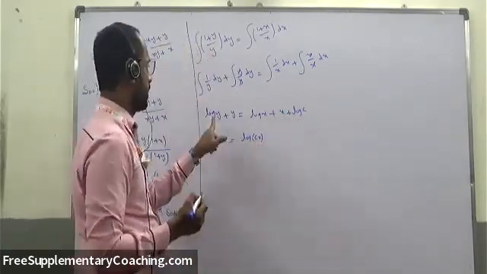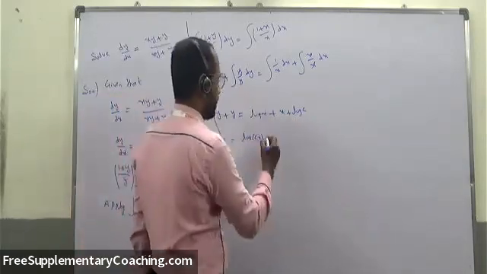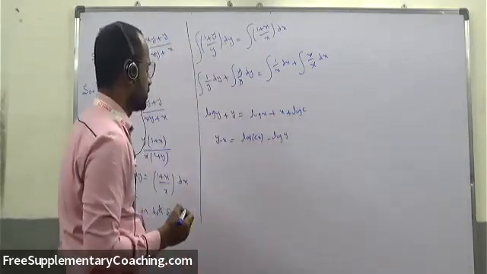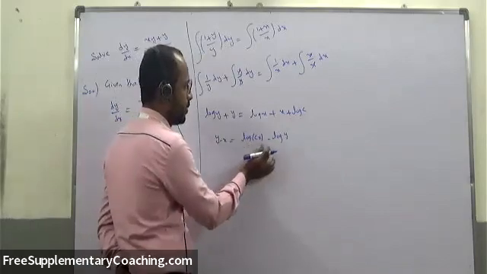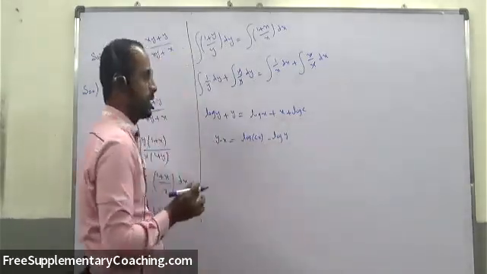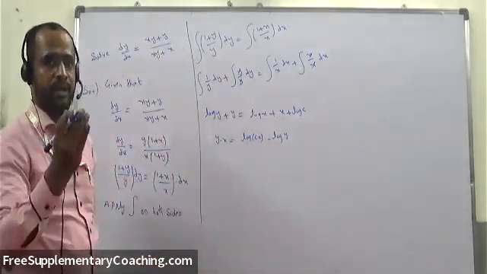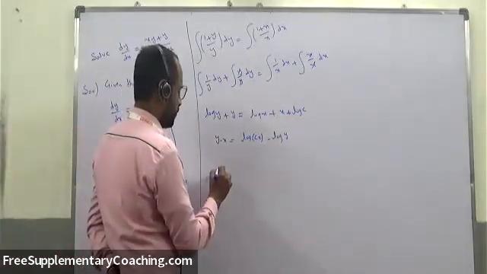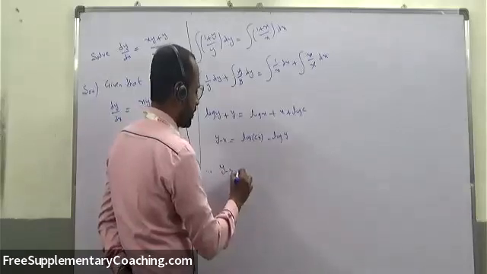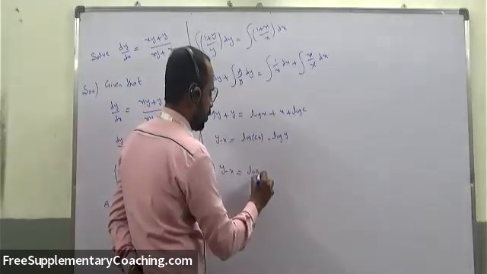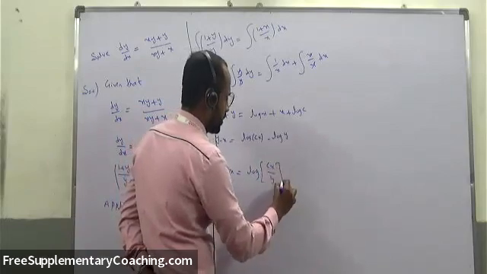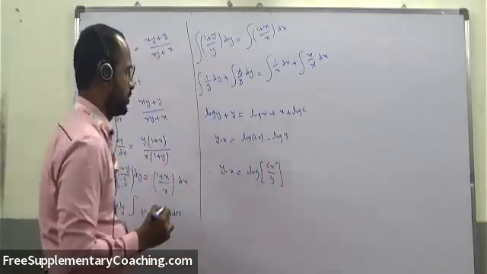And this, when it comes here, becomes minus log y. Again, log a minus log b, I can write log of a by b, a basic law of logarithm. So therefore, y minus x is equal to log of cx by y, which is the required solution.